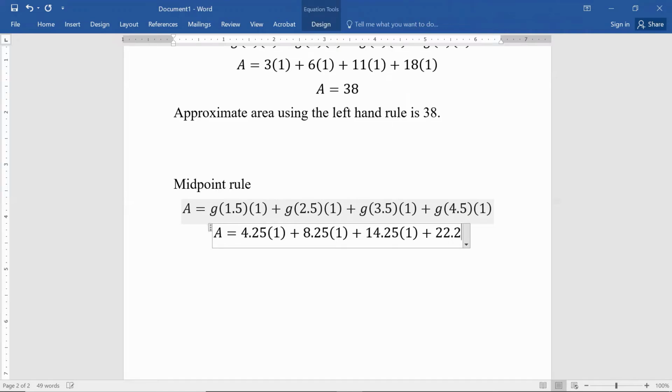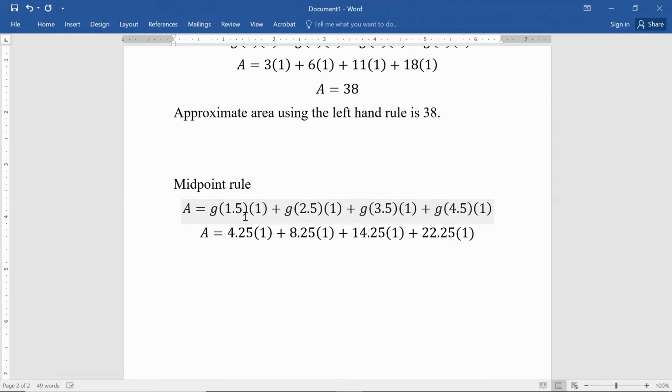And when you plug in 4.5, you end up with 22.25. Each width is 1, so you're multiplying each one of those by 1 and then adding that up. When I typed that in on my calculator, I ended up with an area of 49 using the midpoint rule.